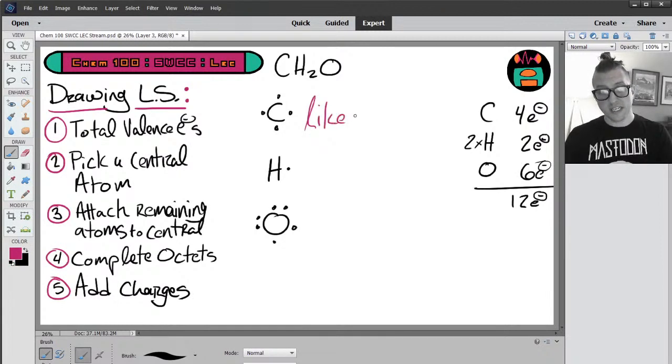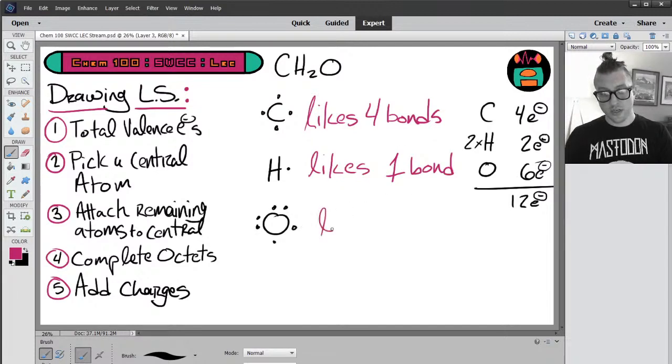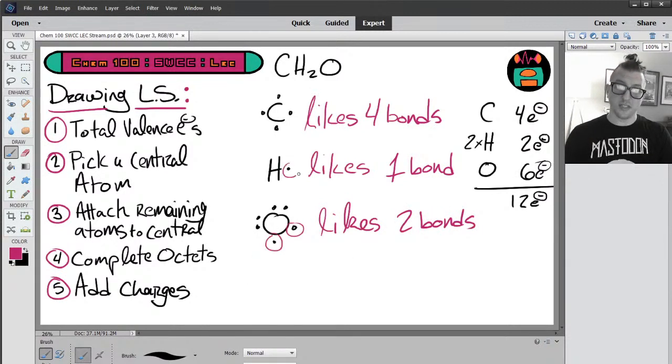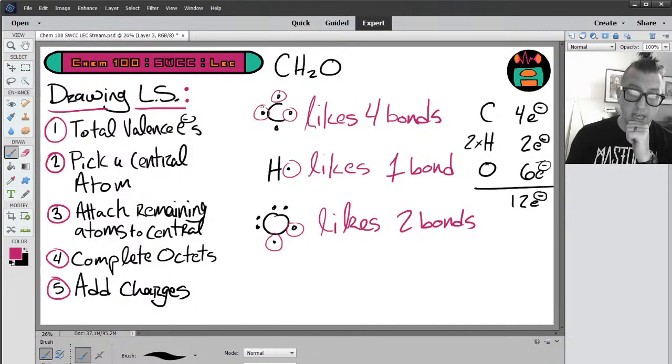And what this means is that because carbon has 4 unpaired electrons, under normal circumstances, carbon likes 4 bonds. Hydrogen likes 1 bond. And oxygen likes 2 bonds. That's because oxygen has 2 unpaired electrons, hydrogen has 1 unpaired electron, and carbon has 4.